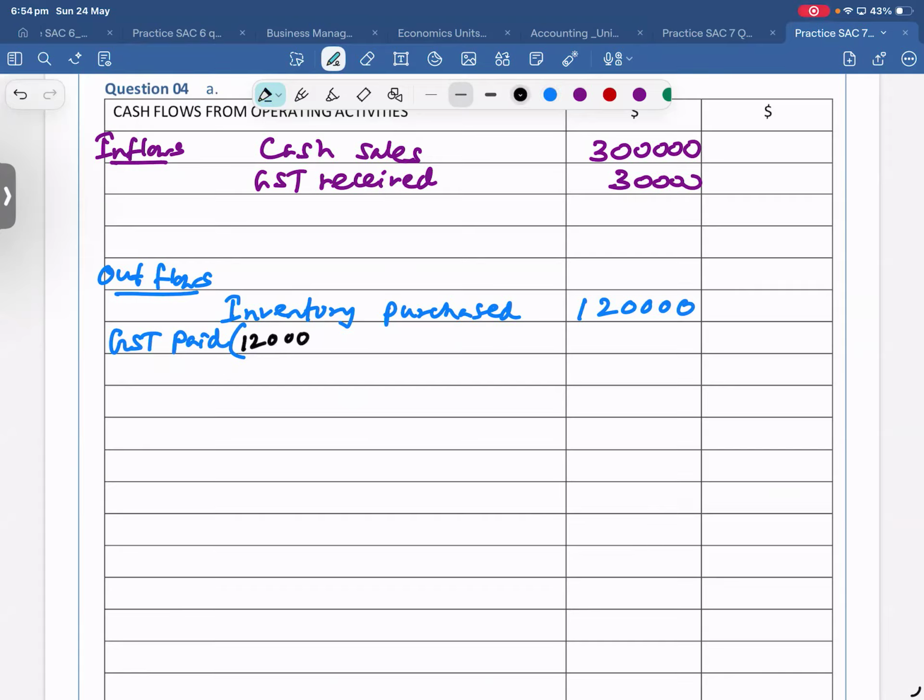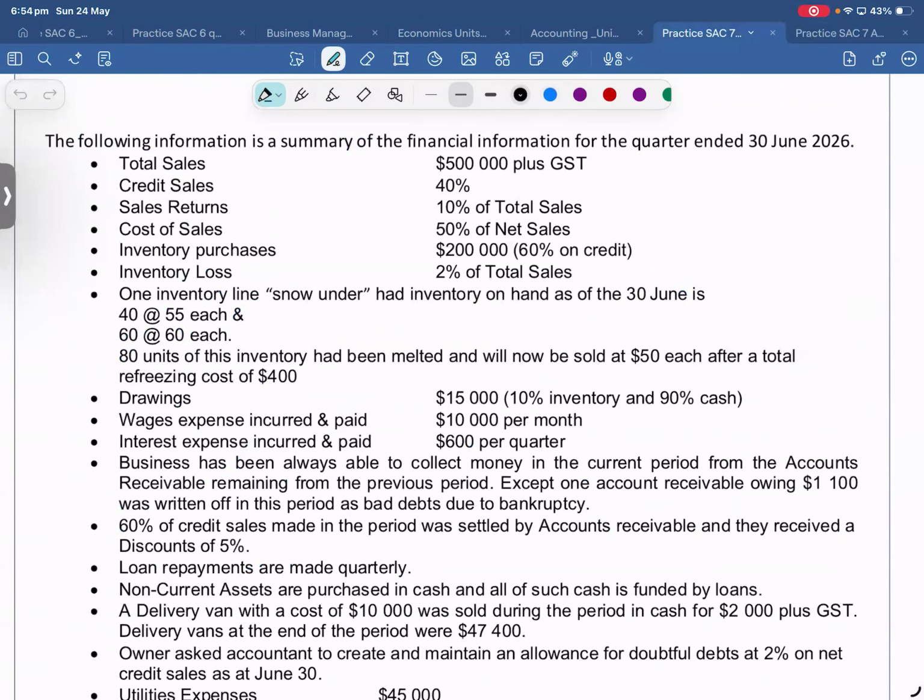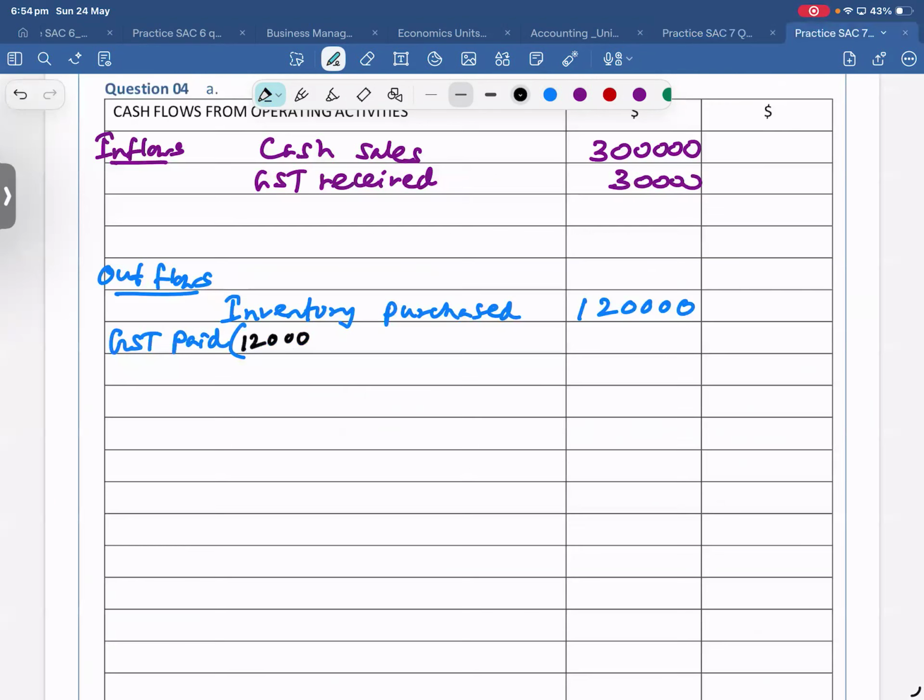It's 8,000. Inventory purchase, how much? 8,000. 60% on credit. Oh, sorry, 80,000, my bad. 80,000, yes. So you can put it within brackets.